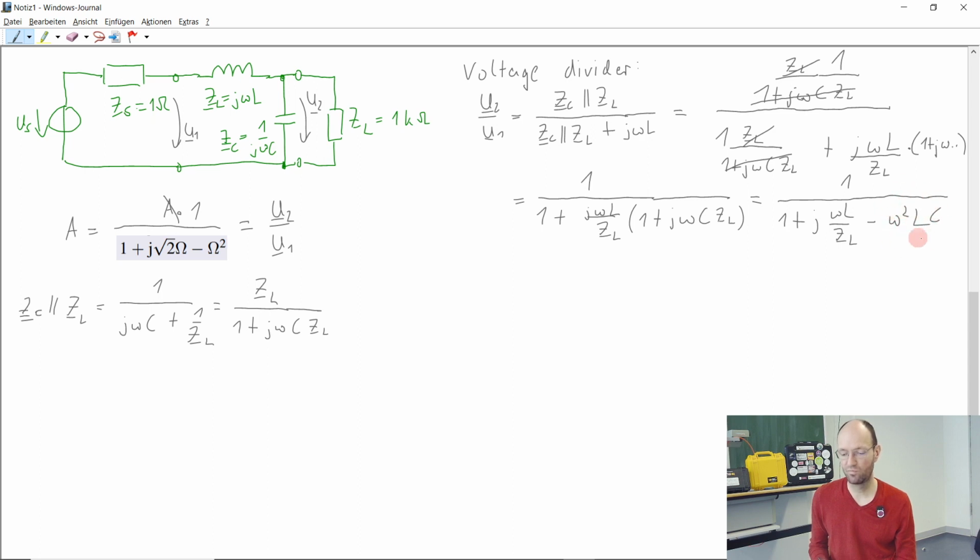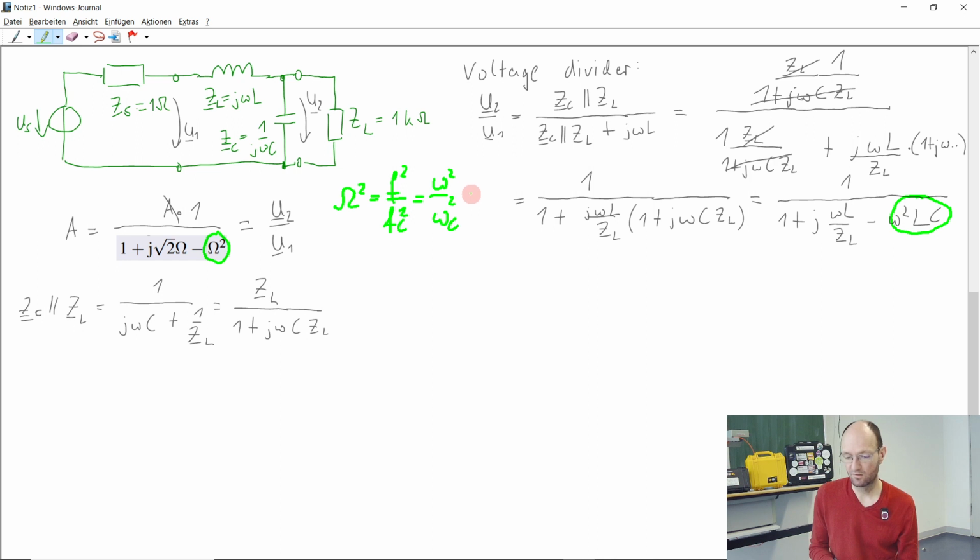This here should be omega squared. So let's take a different color. Say this here is omega squared. This should be also omega squared. So omega squared is frequency divided by corner frequency, or omega divided by cutoff angular frequency, and of course squared.